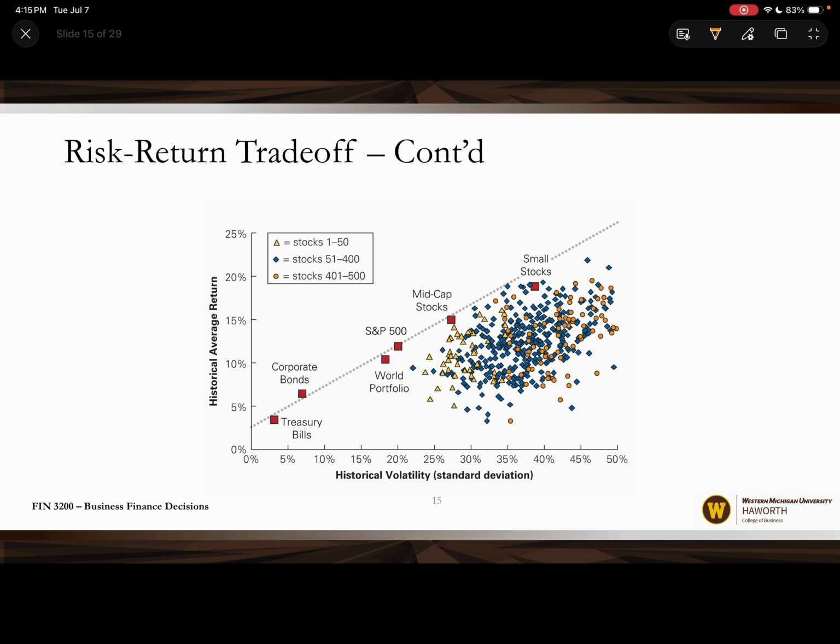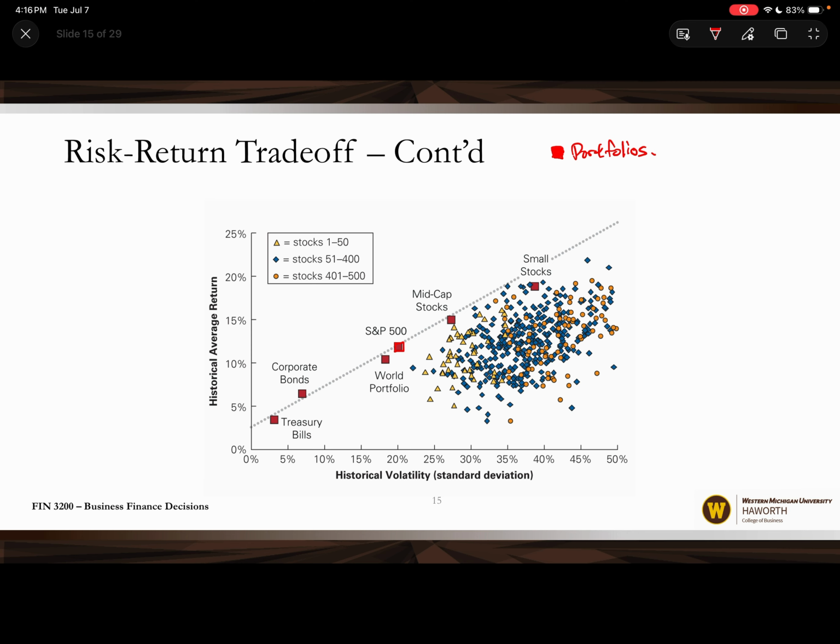Yeah. So this slide we'll quickly discuss. Okay? So here, what it's trying to show you is that these red rectangles are portfolios. So there should be another legend here if they were being precise. These are portfolios.